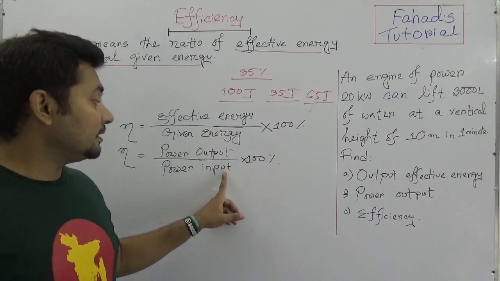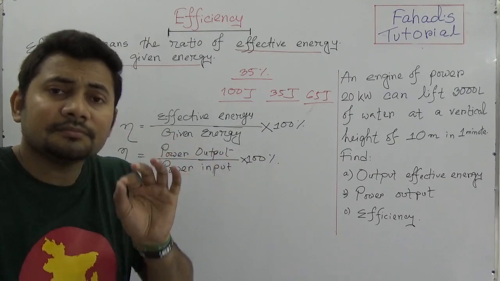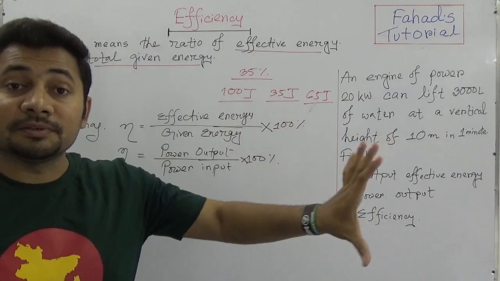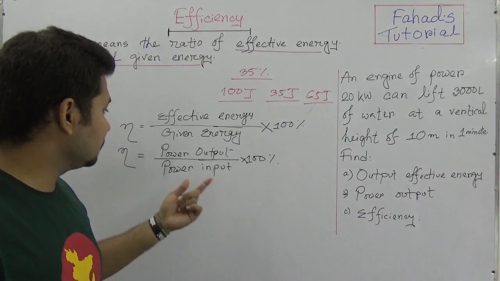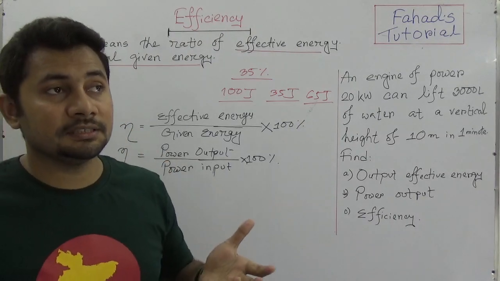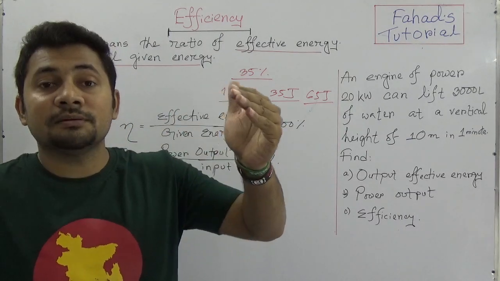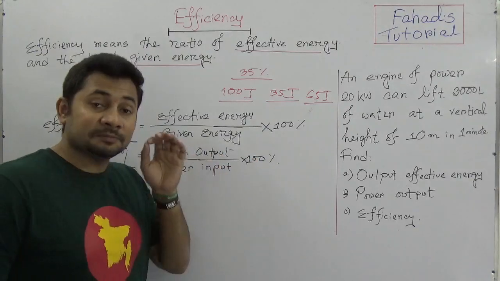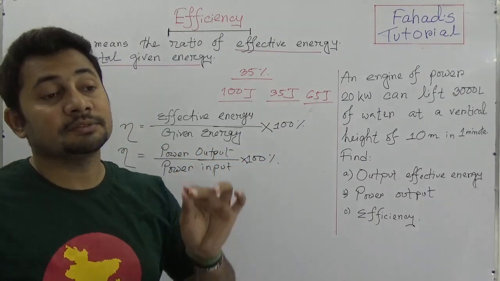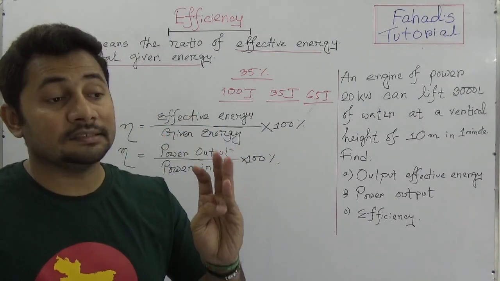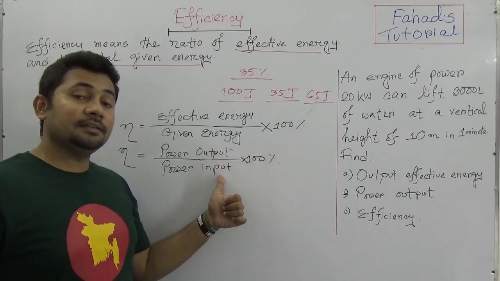As we already know, the input value will always be higher than the output, because some energy will be transformed into other forms like heat, sound, and of course friction. So 100% efficiency is not possible, because the output won't be 100%, since at least some heat, sound and friction is involved. That is why output is always less than input.